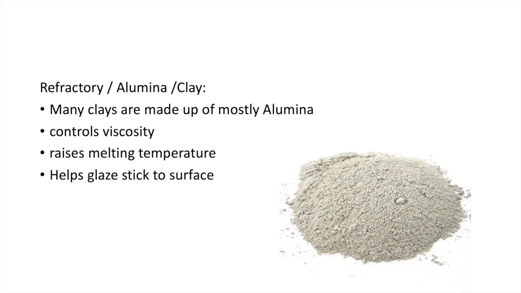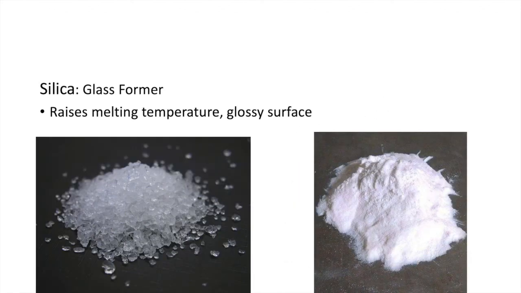So if my glaze is running, it's too flowy, it's flowing too much, but also it's melting really quick, those are almost the same problem, but there are some slight differences. It helps the glaze stick to the surface. Yeah, so that's what it can do. It can also control opacity, can make things a little bit more opaque.